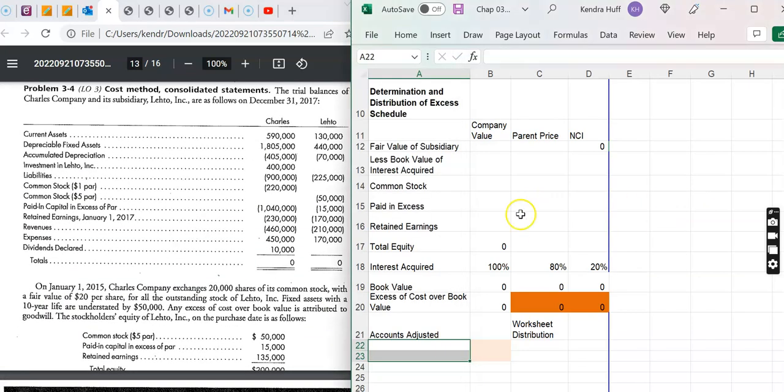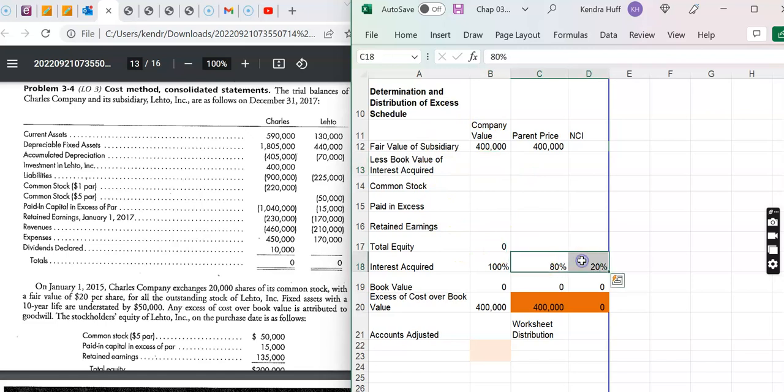Okay, so we did 20,000 shares of common stock with a fair value of $20. There's no NCI. It's all this. I'm sorry, this determination and distribution of excess I just copied over from number 3.